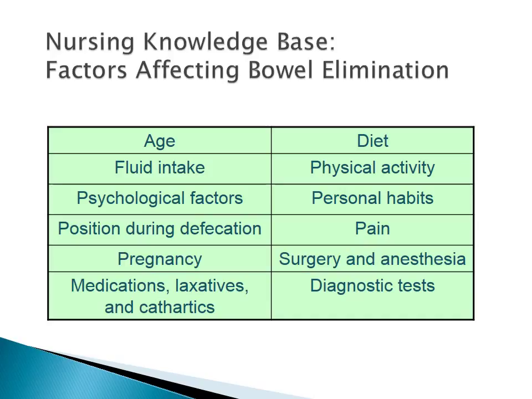Fluid intake, I talked about that in previous slides: it's important to have adequate amounts of fluid intake, and we're talking about water, not fluids like coffee and soda, because those are diuretics, so you'll actually worsen a constipated patient by giving them those to drink.